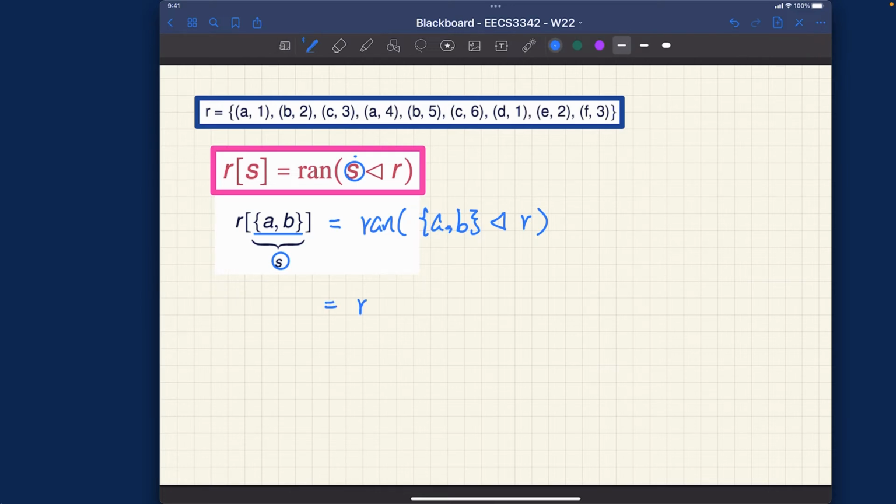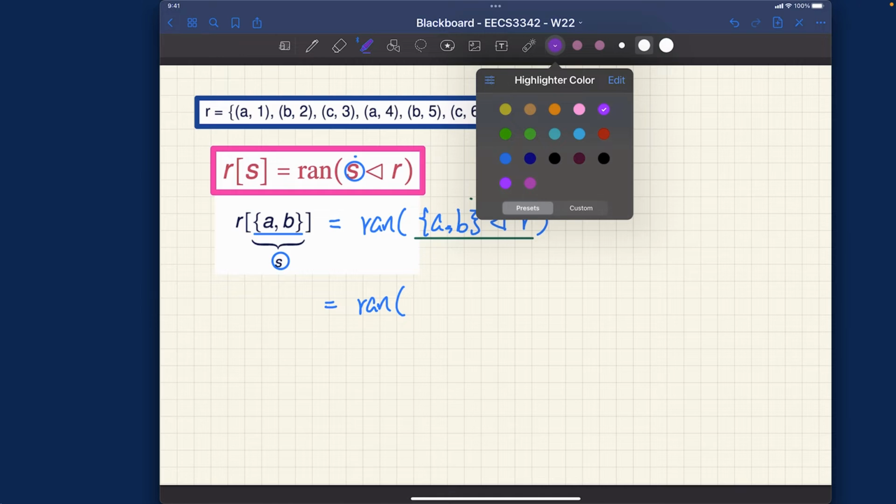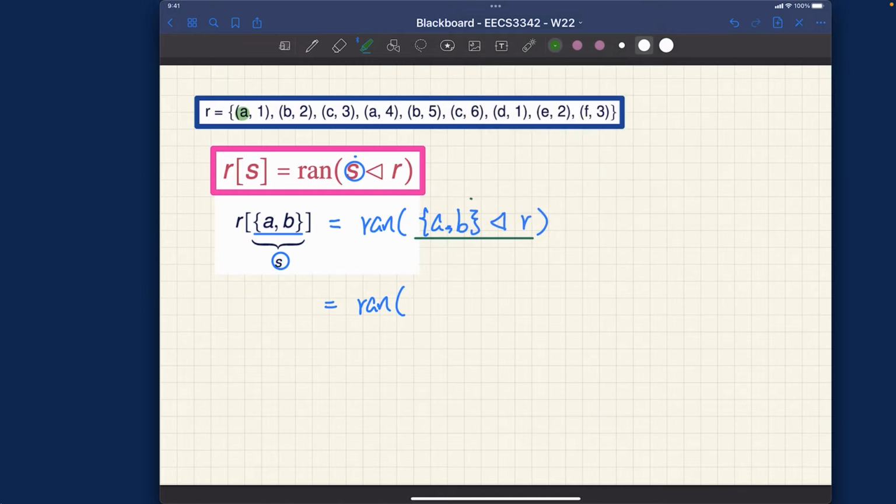And it will be the range of, and now since we've got the parentheses over here, we got to evaluate that first. What will be the domain restriction of R into AB, right? That's something we did already, so I'm not going to bother you too much. Let me just tell you visually how to calculate that. So we got AB, AB, and that's it, right?